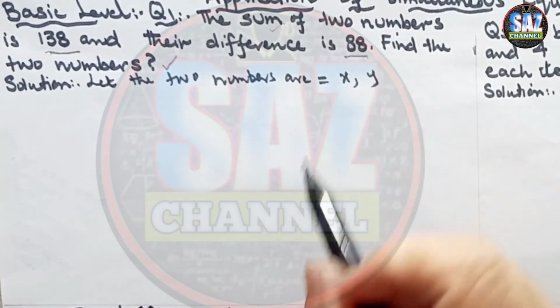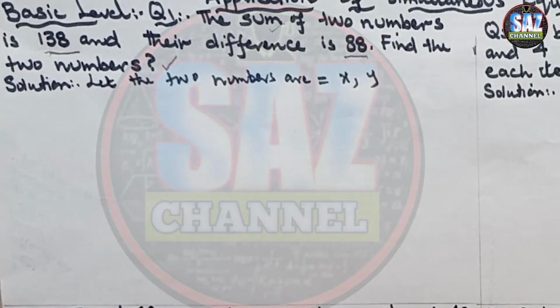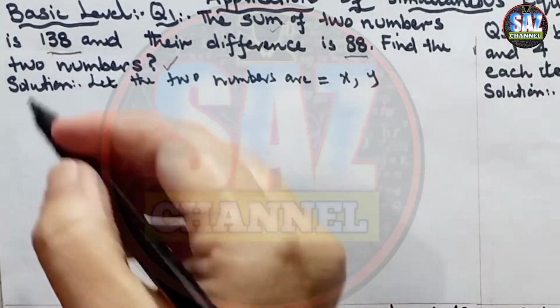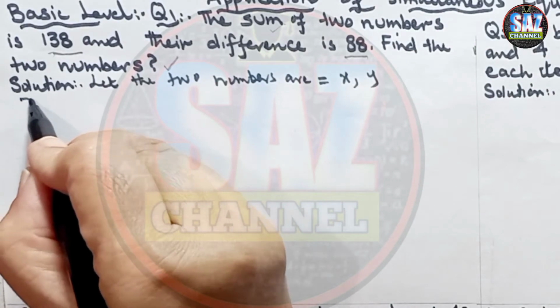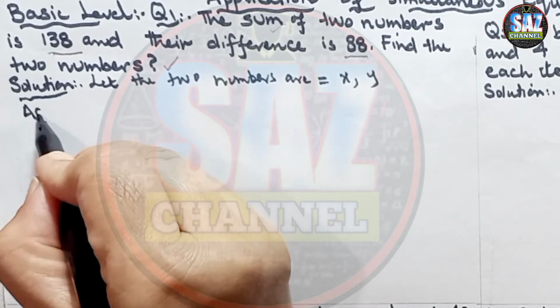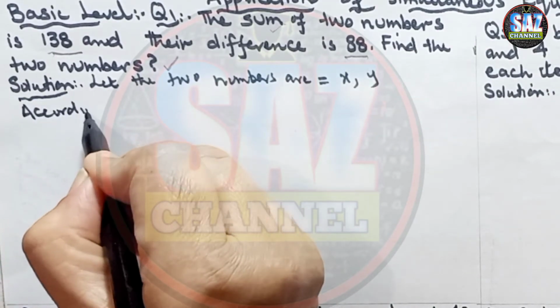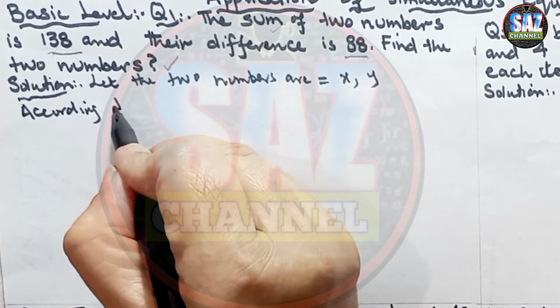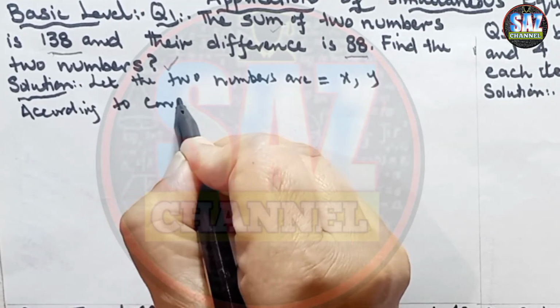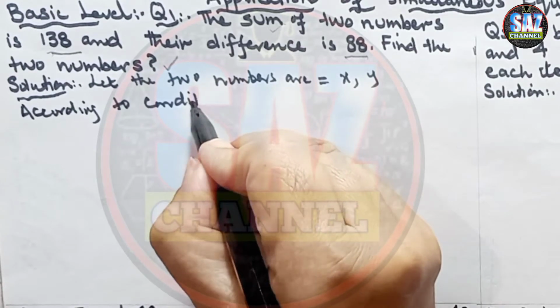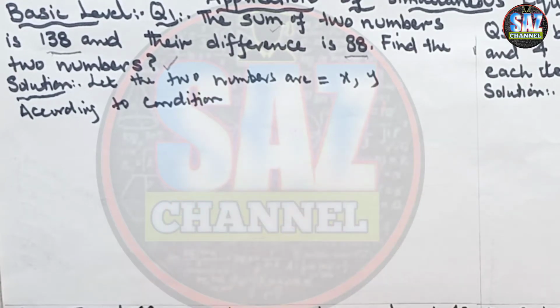Now, as the question says sum of the two numbers, according to the condition, we have to make two simultaneous equations.